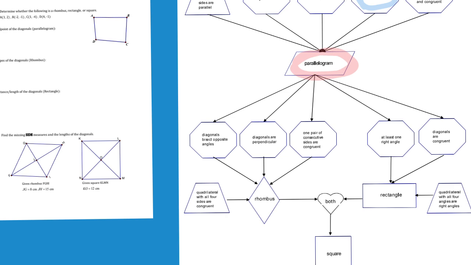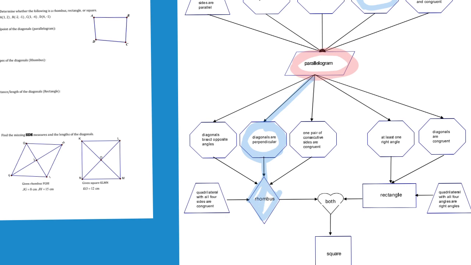Well, the truth is, diagonals bisecting angles is very hard to show on a graph. So I think the easiest thing numerically is the second one. Can you show that the diagonals are perpendicular? If you find the slopes of the diagonals, and they're opposite reciprocals, then you know you have a rhombus.